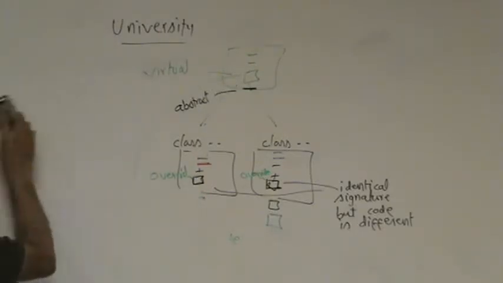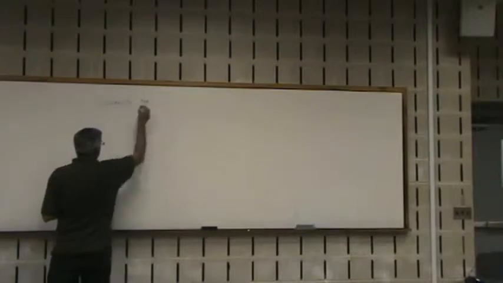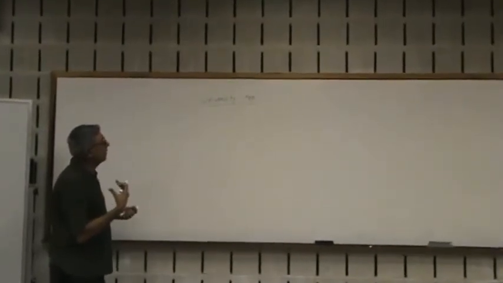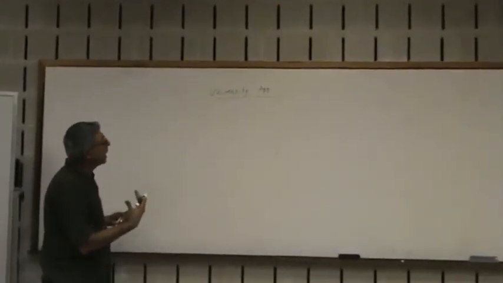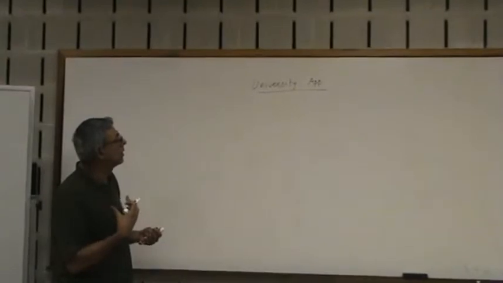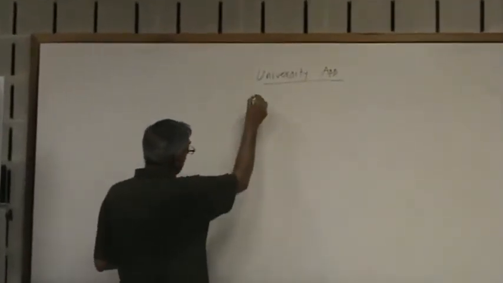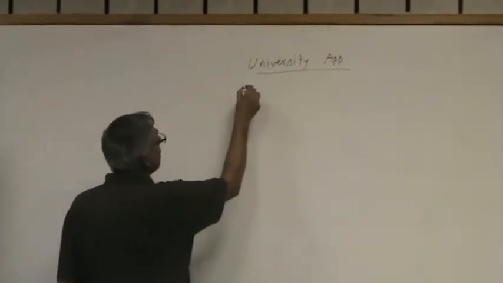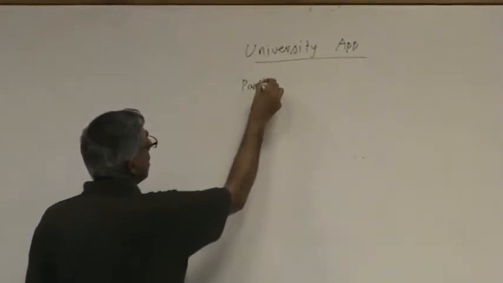Okay, so now let's pretend our goal is to create a university application. And let's pretend the real entities that we will create, meaning the classes and the objects that we will need to create in our application, and again, let's pretend we have a part-time student.